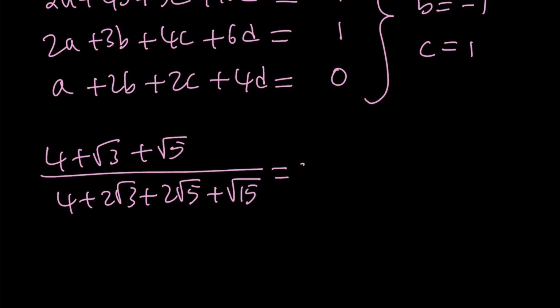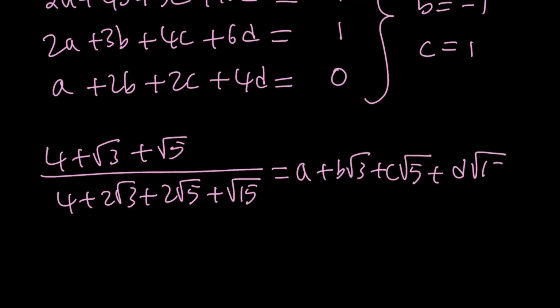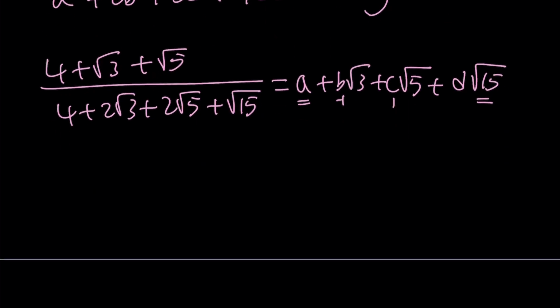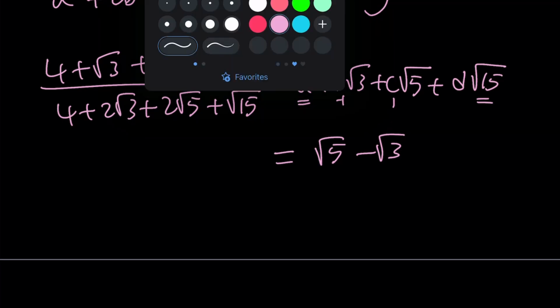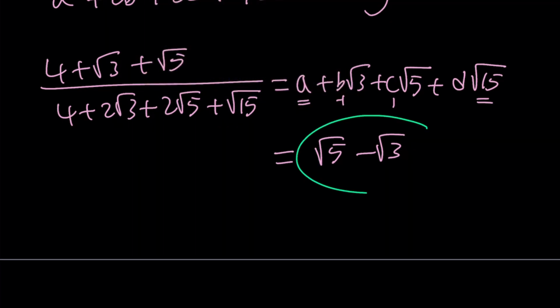Remember, our expression was written as a plus b root 3 plus c root 5 plus d root 15. Now a and d are both 0, so we're not going to write them. b is -1 and c is +1. Therefore, this expression can be written as root 5 minus root 3, which is the simplified form of this expression. It's kind of hard to believe looking at the expression, which looks complicated, but that's basically what it is.